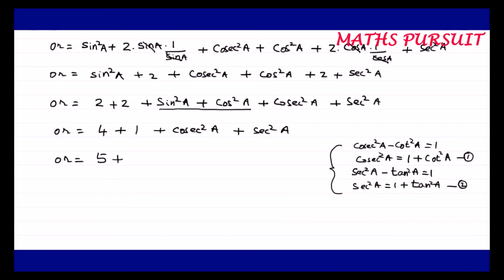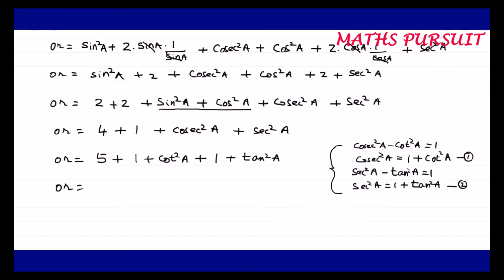Now, 4 plus 1 is 5 that we took. Instead of cosec square a, I am going to write 1 plus cot square a from equation number 1. Similarly, instead of sec square a, I am going to write 1 plus tan square a from equation number 2.